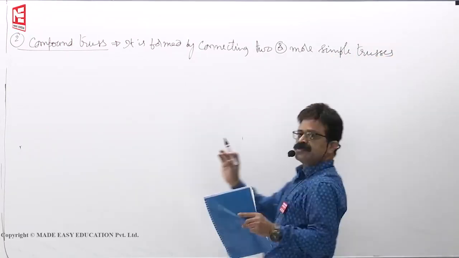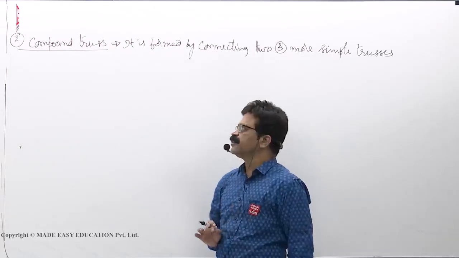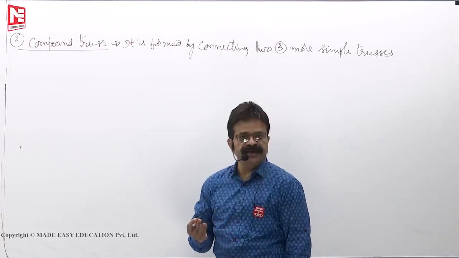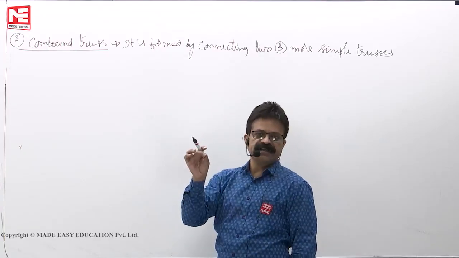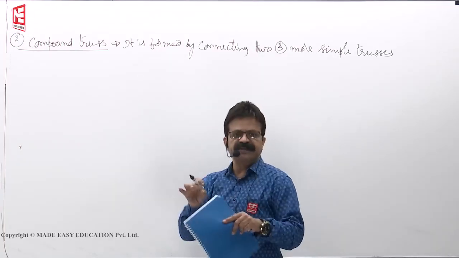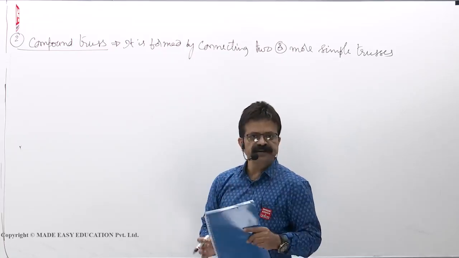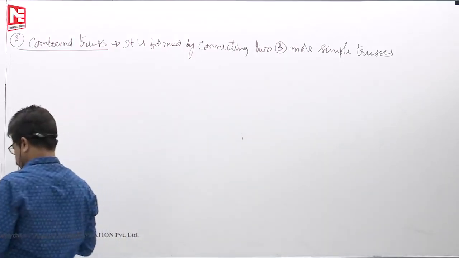If you connect two simple trusses, you will get a compound truss. How to connect? By a common bar or three members you can take it. Two trusses can be connected by three bars or a single bar, like that.